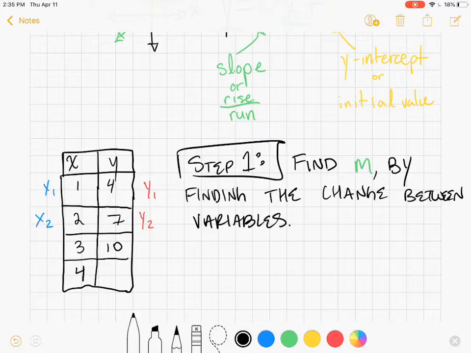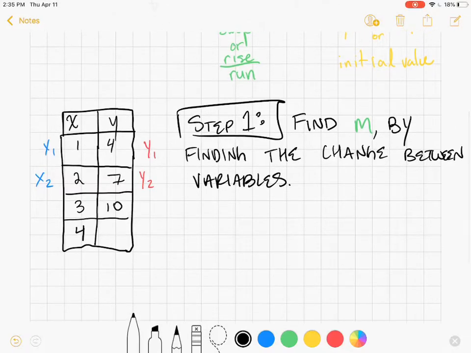Well, we're going to use a little tool to do that. And I'm going to show you that tool right now. That tool is the change in y over the change in x. So we're going to calculate y2, and you can actually see I've labeled y2 right here. That's the second y value, y2, minus y1. That's the first y value. That's right there.